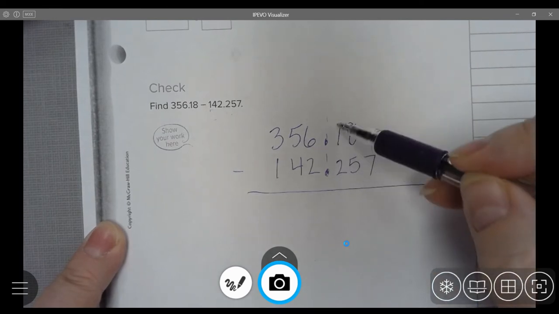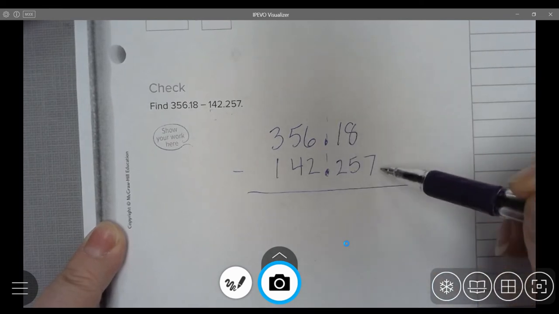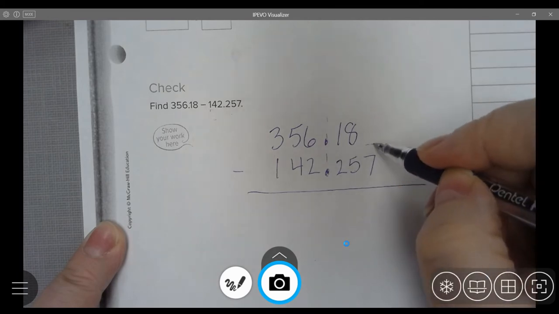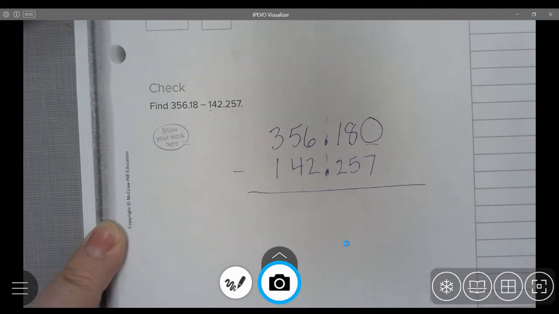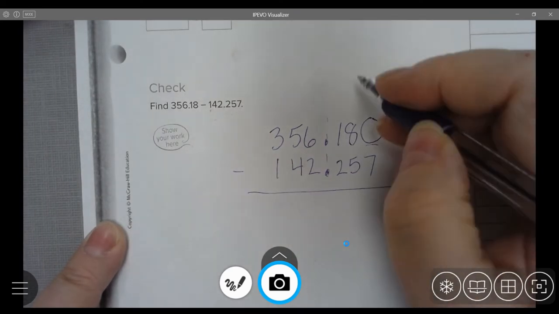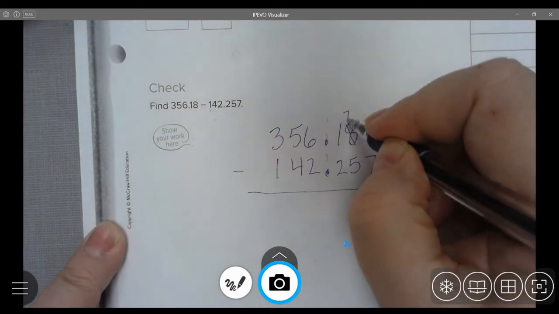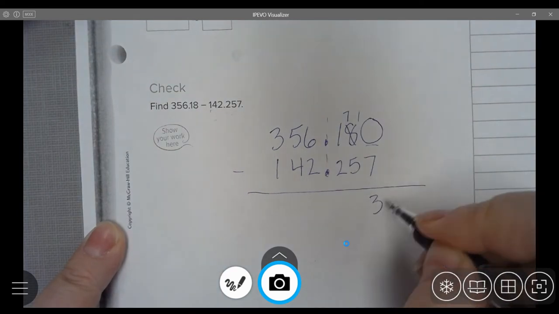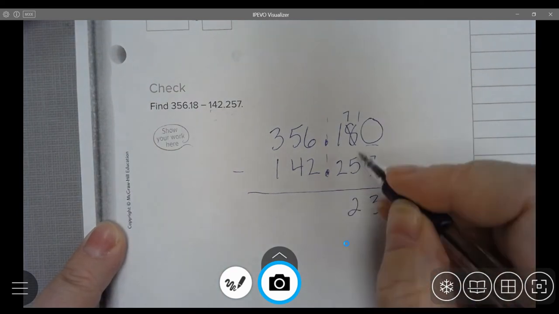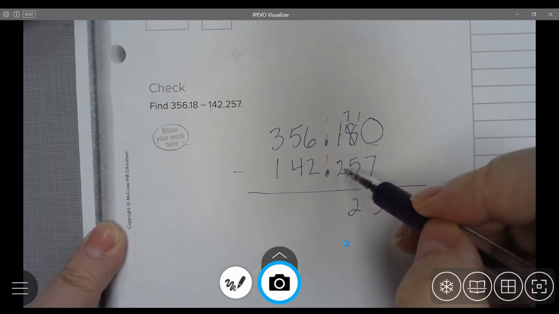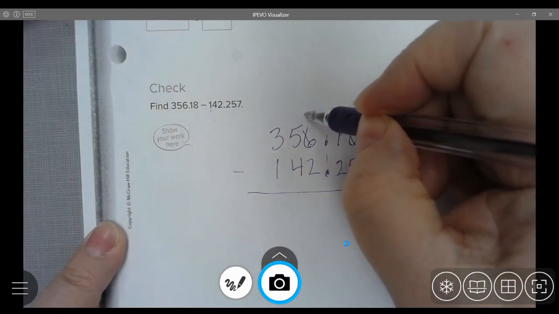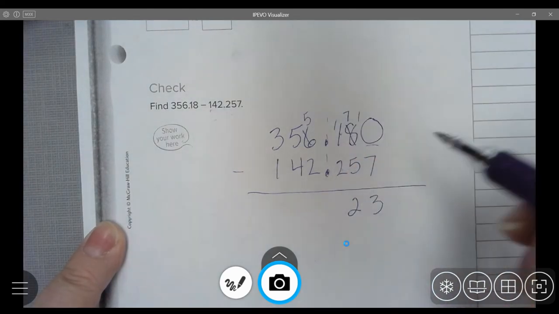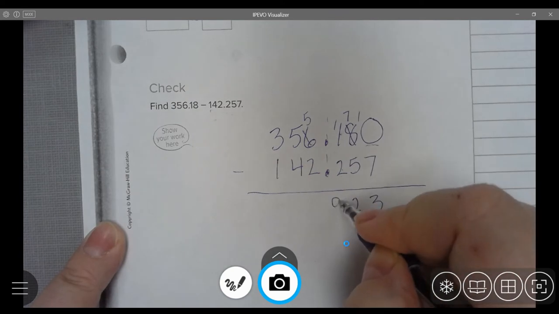So the 1 and 2 line up, the 8 and the 5 line up, but there's nothing above the 7, so I'm going to put a 0. And then I'm going to go through and do my subtraction problem. I can't subtract from here, so I'm going to borrow. So I have a 3, I have a 2. I cannot do anything with the 1 and the 2, so I'm going to borrow, make this a 5, carry over. 11 minus 2 is 9.